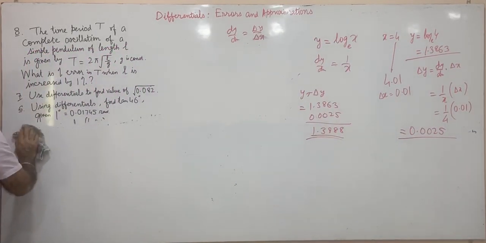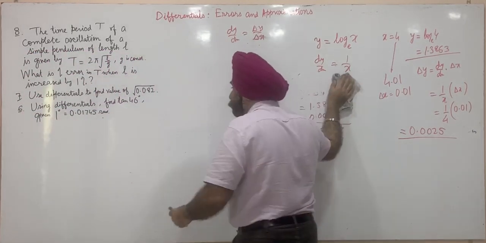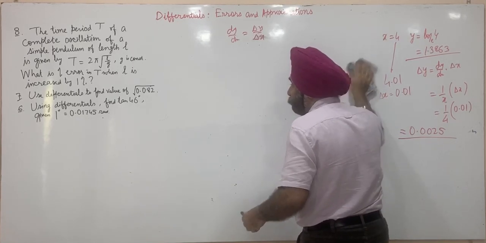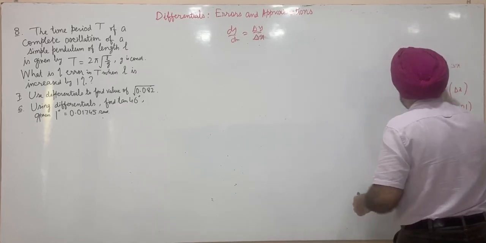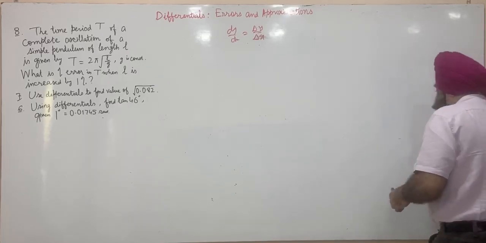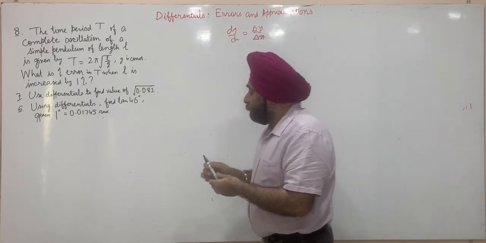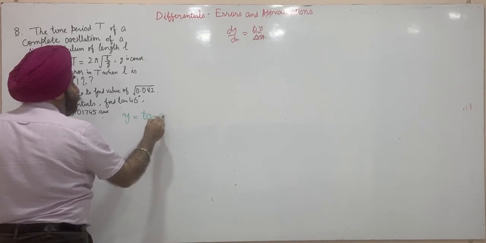Next, we have to find the value of tan of 46 degrees, given that 1 degree is equal to 0.01745 radians. Since we have to find tan of something, we choose y equal to tan of x as the function.